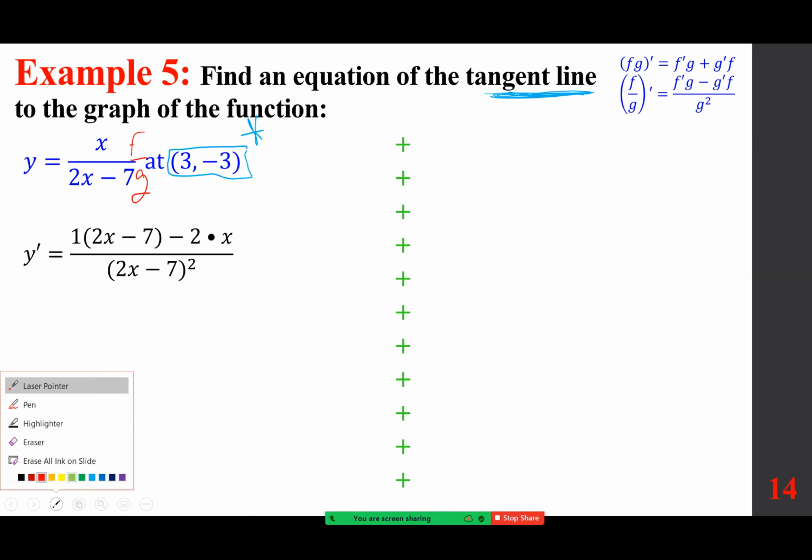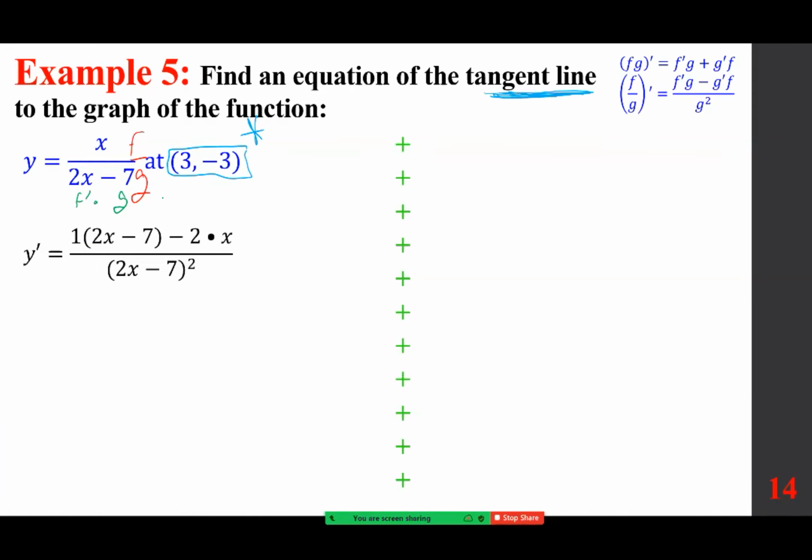So this is f prime, this is g, this is g prime, this is f, and we can write this as 2x. We're going to distribute 2x minus 7 minus 2x. Cancel out the 2x and negative 2x.